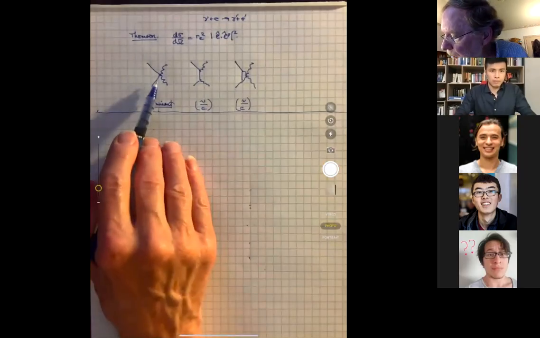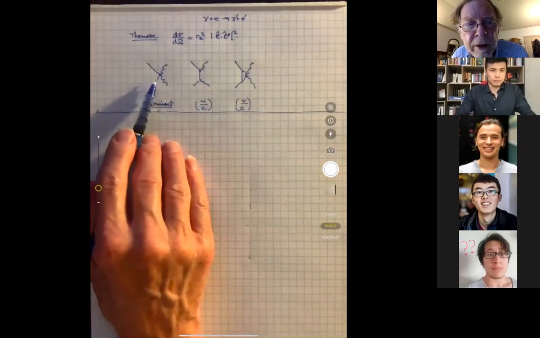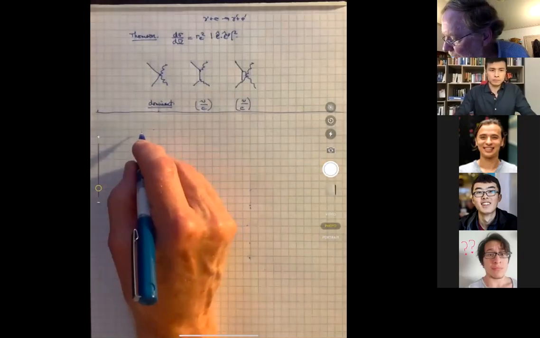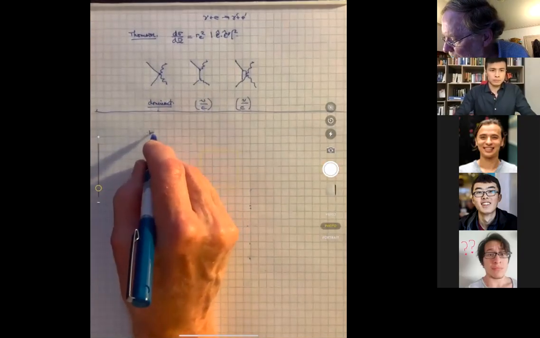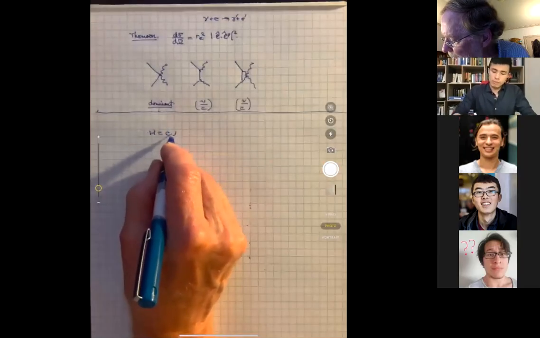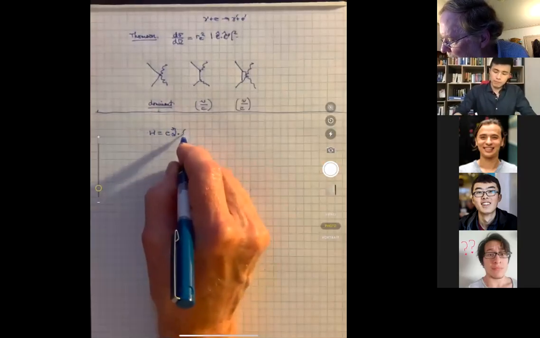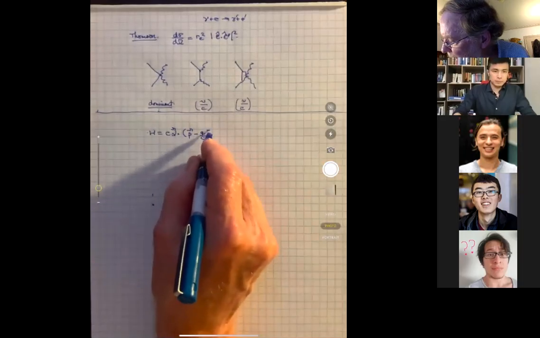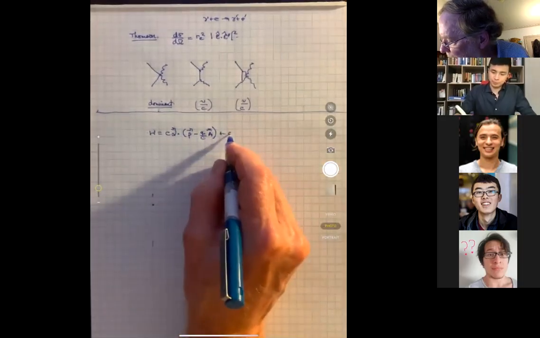Now the seagull diagram, as you know, comes from the A squared term in the Schrodinger equation. But the Dirac equation doesn't have an A squared term. The Hamiltonian is equal to c times alpha dotted into pi, which is the same thing as p minus q over c A, if I put the c's back in, plus q phi.